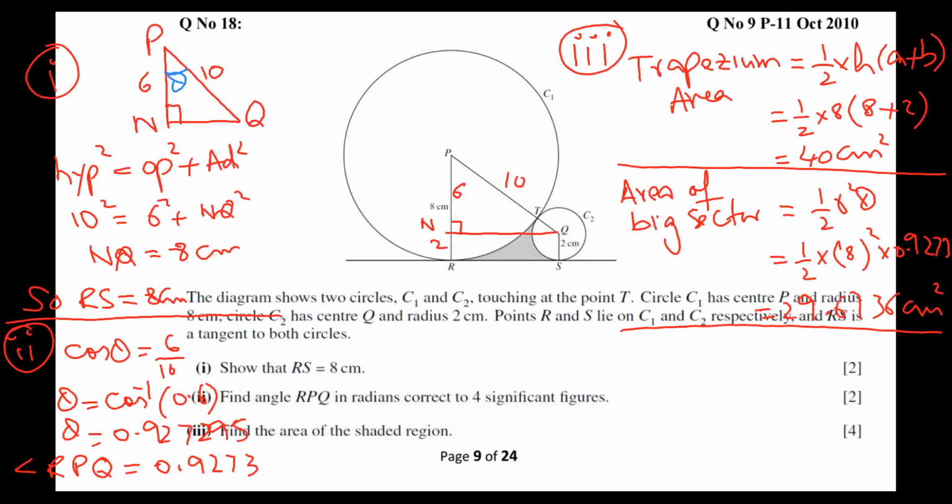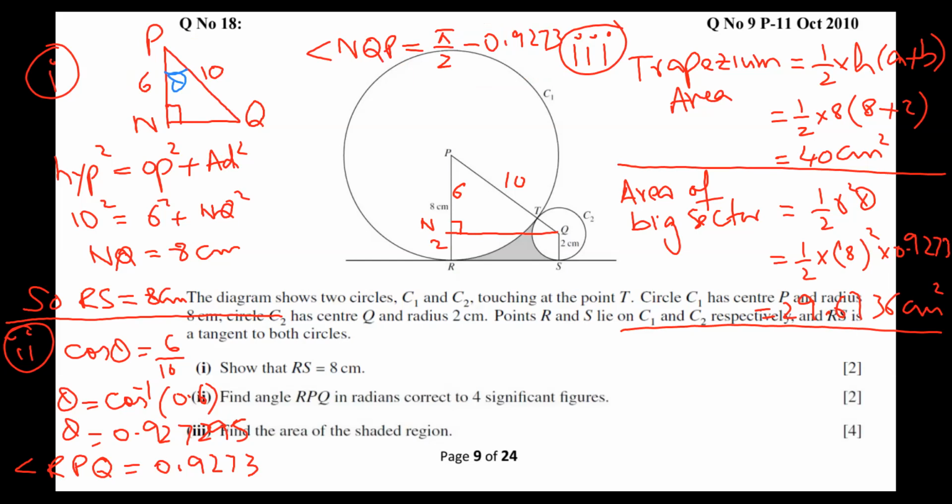First of all, when you talk about this angle, I taught you many times how to get the angle NQP: it equals pi by 2 minus the Q angle, which is this one, 0.9273. Or, if you don't like this way, the second way is 180 degrees minus both angles, or pi minus both angles.